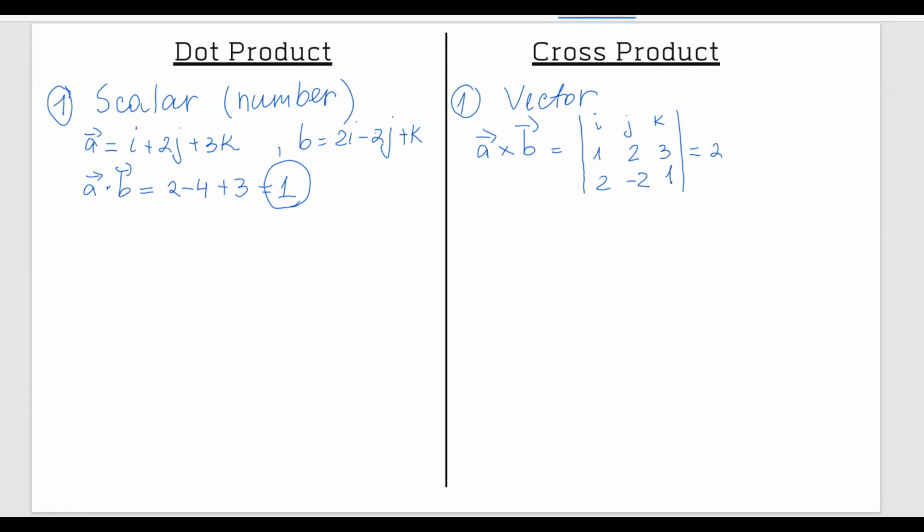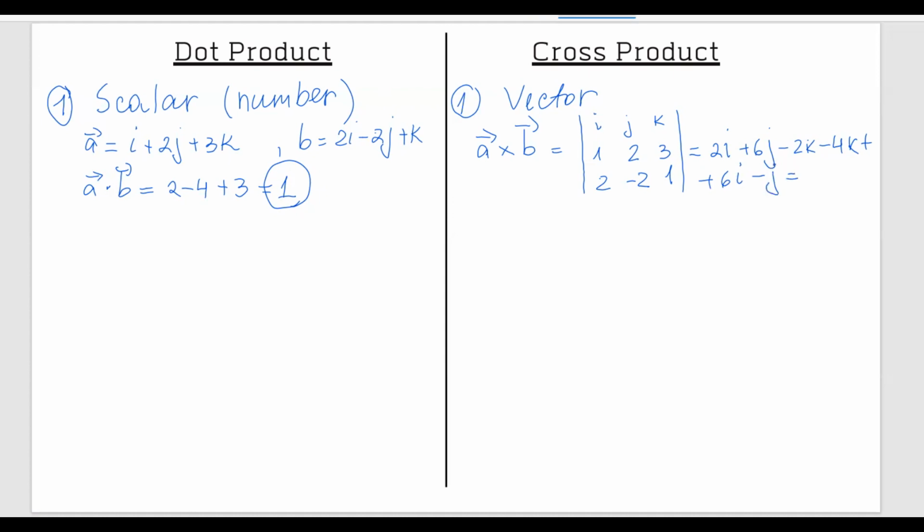I have 2i plus 6j minus 2k. And then the other side has minus 4k, plus, we have 3 times minus 2, so we get minus, and minus from the formula, it's going to be plus 6i and minus j.